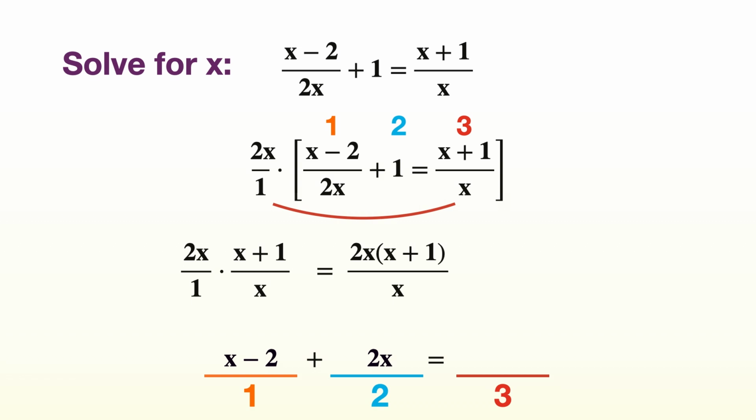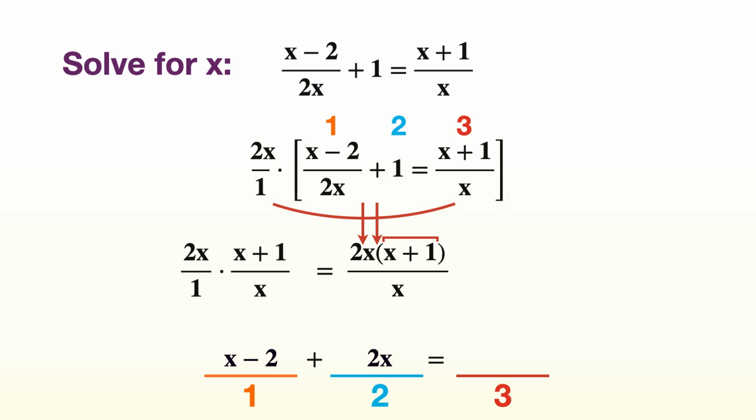Again, factors are expressions that are being multiplied. In the numerator, we have 2 times x plus 1. Because of the addition sign, the x plus 1 is all one factor. So either we cancel the entire x plus 1 or none of it.